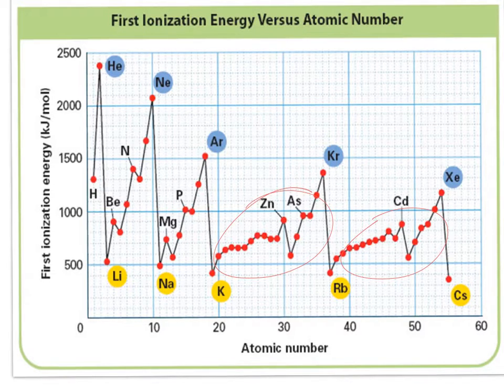As you go from left to right, the ionization energy is increasing. Yes, there are some things that happen, but it does not matter. As you go down a group, the ionization energy goes down.